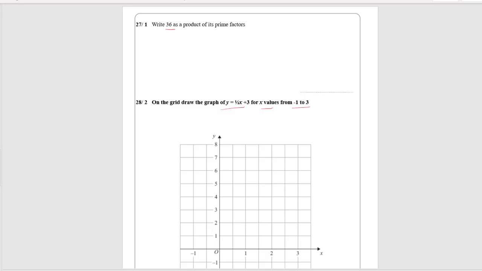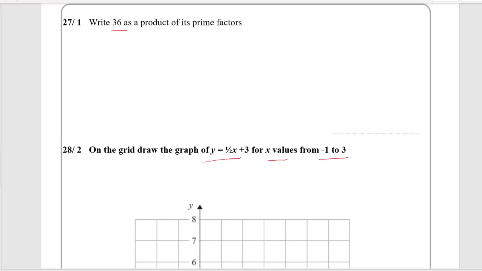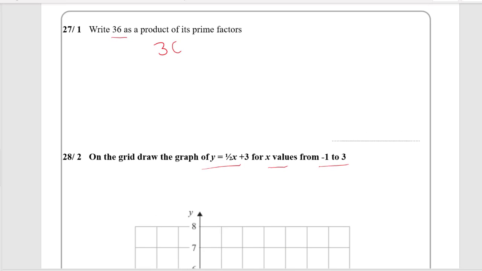Write 36 as a product of its prime factors. So do a factor tree. 36 could be 4 and 9, could be 2 and 18. I always like to start with smaller numbers. It's easy to manage. So 2 and 18, even number. Divide by 2 again, 2 and 9. Always circle the prime numbers, so when it comes to writing your answer, you know which numbers you're looking at. 3 times 3 is 9.